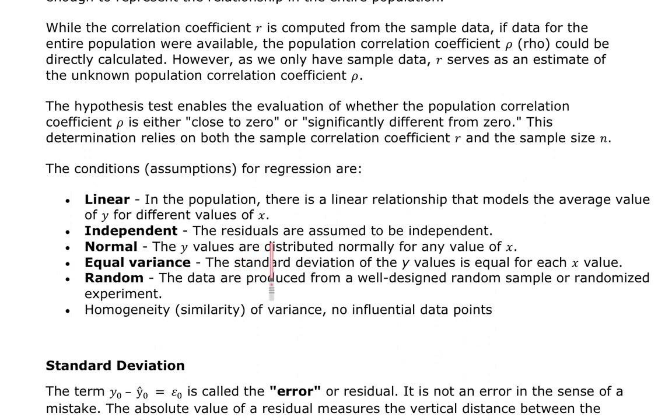And the residuals, those things that are left over, are said to be independent. It's normal: the y values are distributed normally for any value of x. We have equal variance, which means the standard deviation for all the y values is equal for each of the x values. We are using random data, produced from a well-designed random sample or randomized experiment. And we have homogeneity, which is similarity of variance and no influential data points.